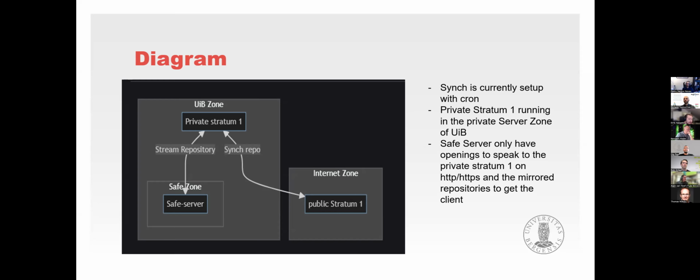And then from that private Stratum 1, we can stream the repositories inside the SAFE zone to a specific SAFE server. The SAFE zone then has its own firewall layer, which would require openings for the private Stratum 1 to be able to receive requests from that. And since the private Stratum 1 is a read-only repository, the only thing you can do from inside SAFE is read files, such that you cannot take data out of your secure processing environment in this setup.